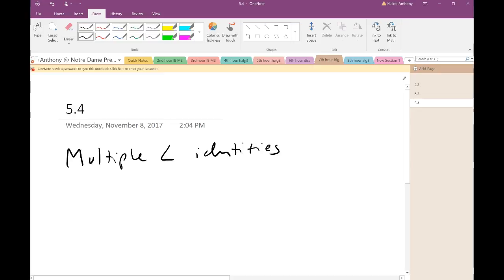So multiple angle identities. There are three types of multiple angle identities that I want to talk about.